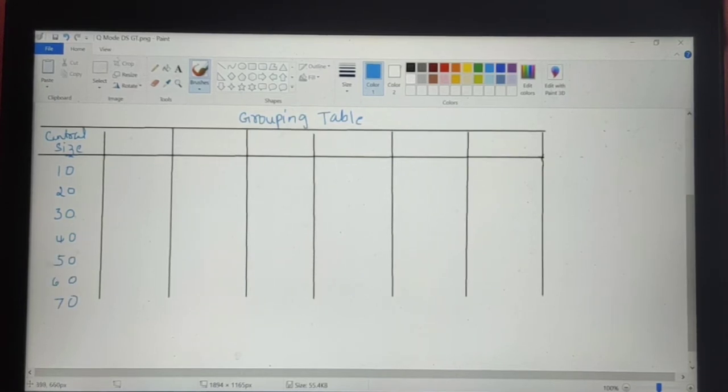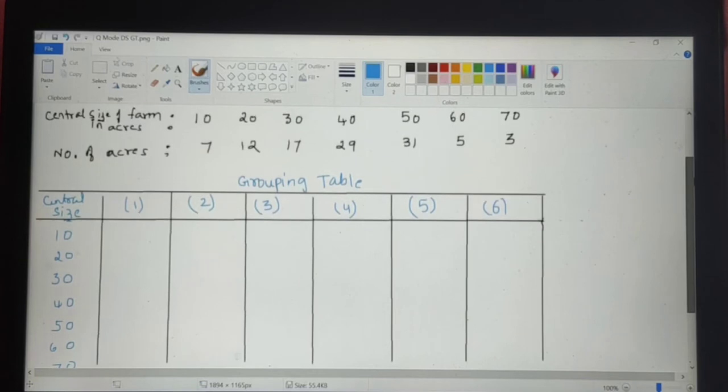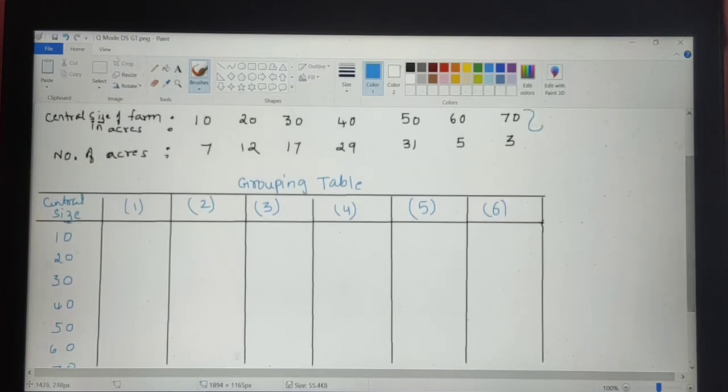Now, we said 6 columns will be there in a grouping table: first column, second, third, fourth, fifth and sixth column. So these are the 6 columns. If you notice the values given in the question, my X values have come vertically and my column values have come horizontally.